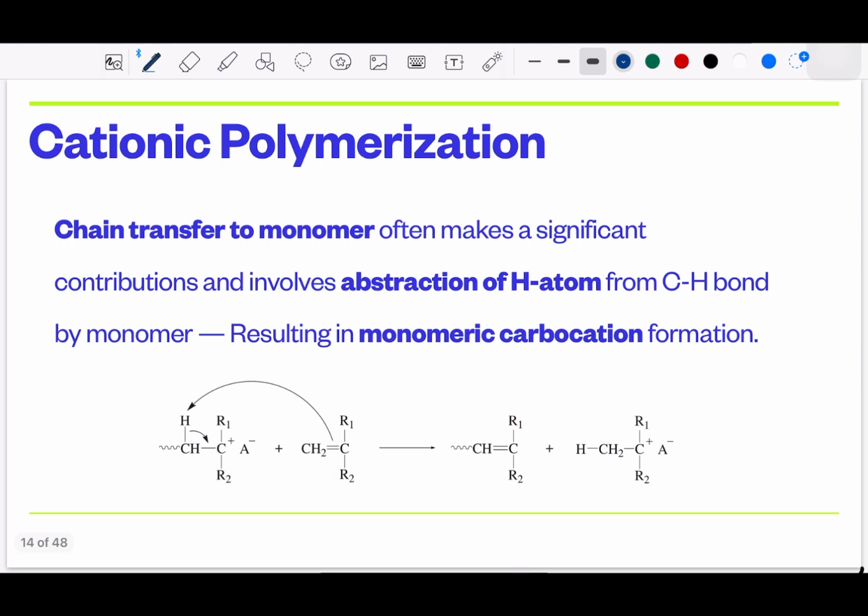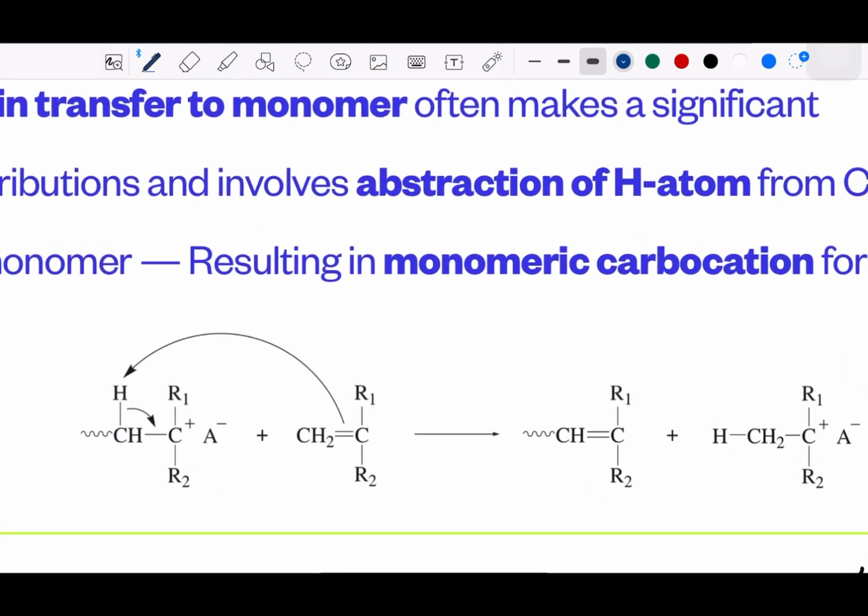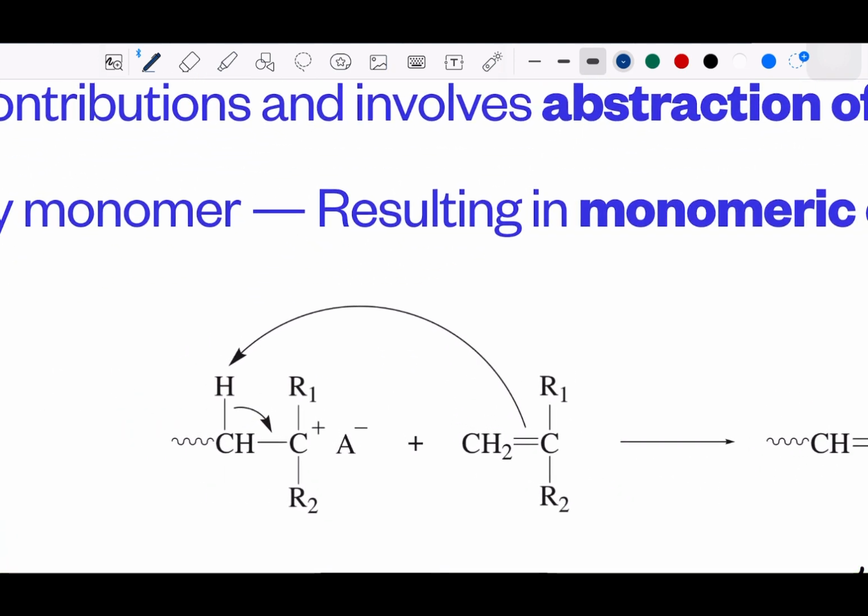Also, aside from termination, we can also consider chain transfer. Chain transfer is also possible. Like we see from here, if you want to terminate, if you want to rearrange this hydrogen, you abstract it, and then it's going to meet with this double bond again.